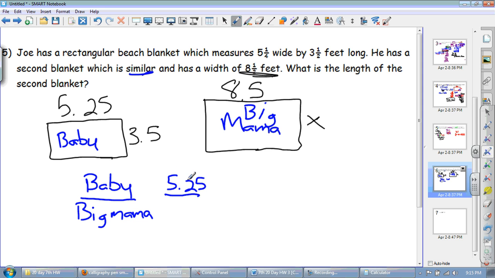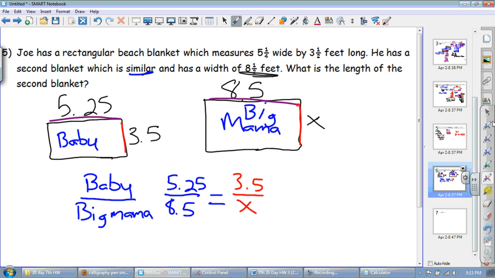So 5.25 goes with 8.5. That's equal to, we pick a second side from the small shape, 3.5. And that corresponds to X. So there's our proportion.